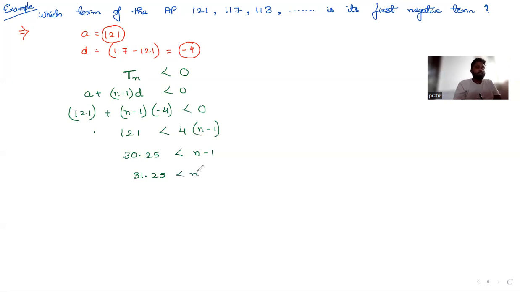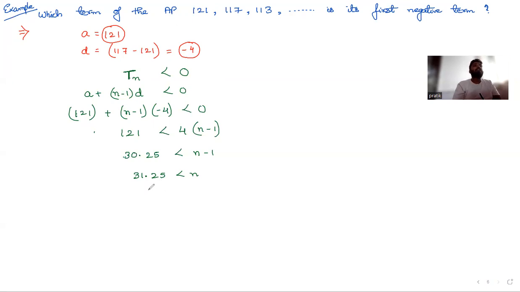Correct? So whatever the value is, should be greater than how much? 31.25. So definitely 31 point something. If I take n as 31, it will be a positive number, because they're telling it should be greater than 31.25. I can't take the 31st term, neither can I take a decimal-point term.